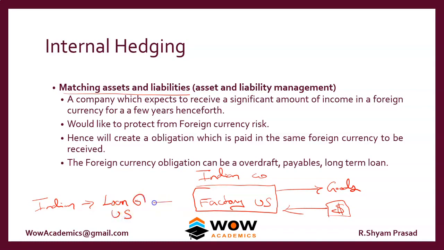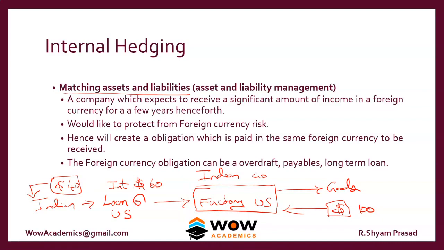With that loan, they can build the factory. Okay, so what happens is the interest that has to be paid for this loan is in dollars. So if the company is going to sell goods, it might get $100. With that $100, they're going to pay an interest of something like $60. The balance $40 alone would be converted into rupee, and that will go to the Indian company.